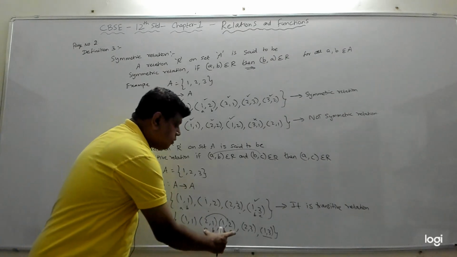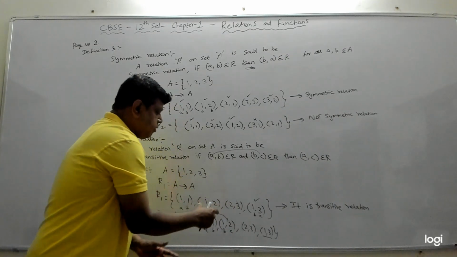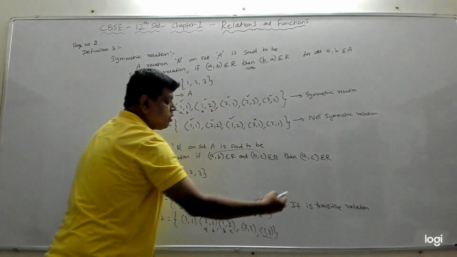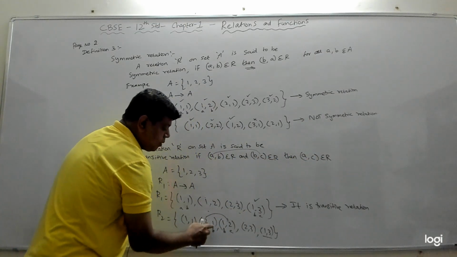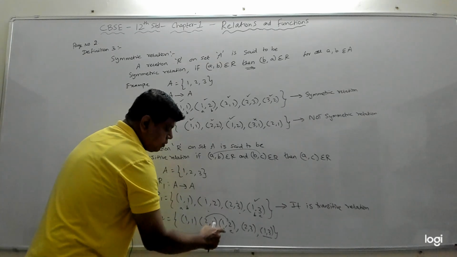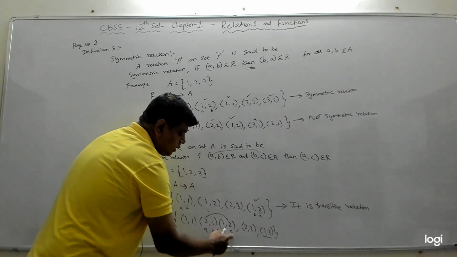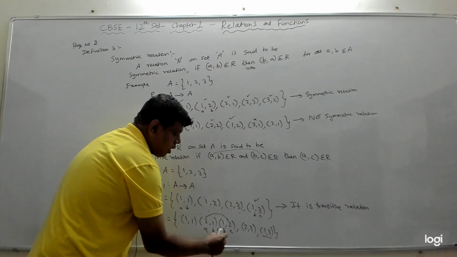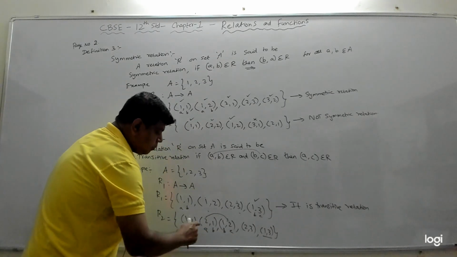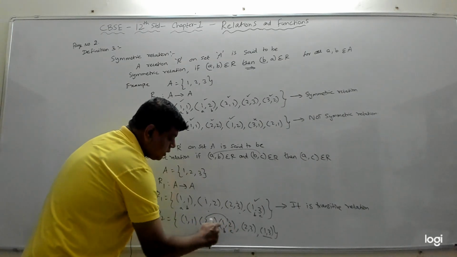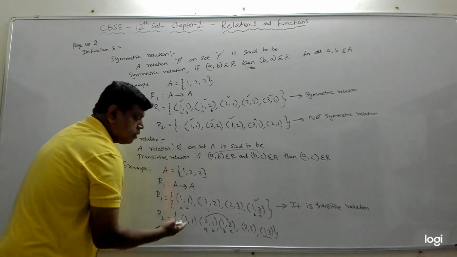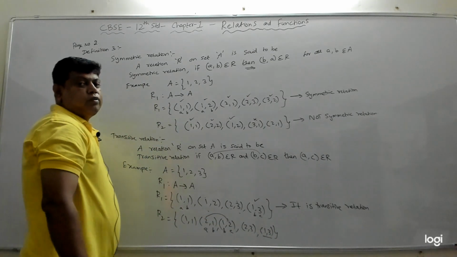So for this pair of elements, I am able to find two elements like this, but A comma C is not there. So 2 comma 1 is A comma B, then 1 comma 2 is B comma C. So A comma B belongs to R2, B comma C belongs to R2, but A comma C, which is 2 comma 2, is not there. Therefore, it is not transitive.